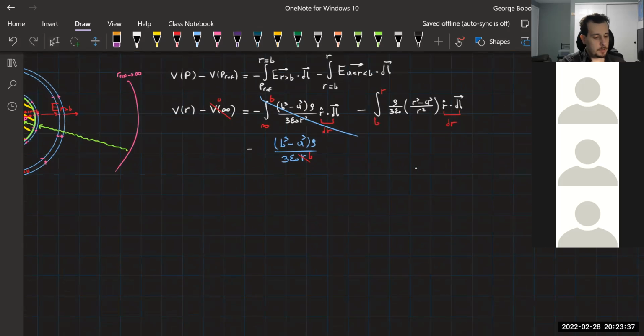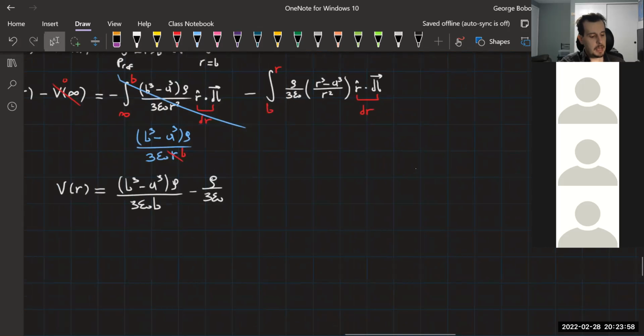Let me continue this step in a fresh manner. We have b cubed minus a cubed, rho over 3 epsilon naught b. And then minus, if we pull the constant outside on the second integral, I would split this integral into two parts.